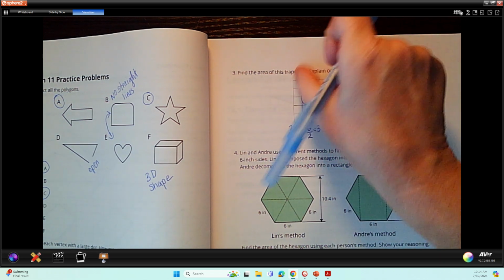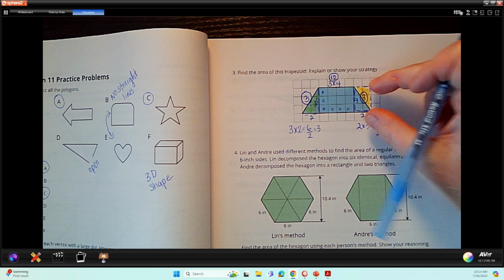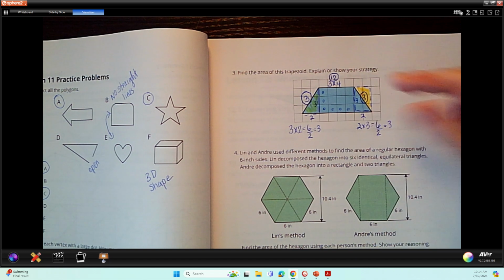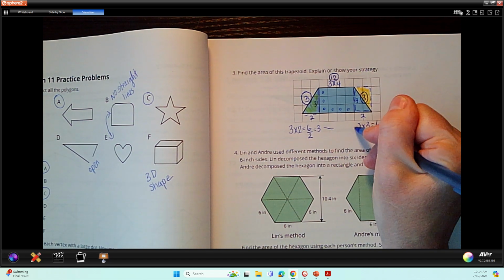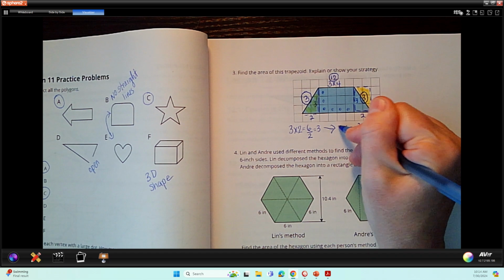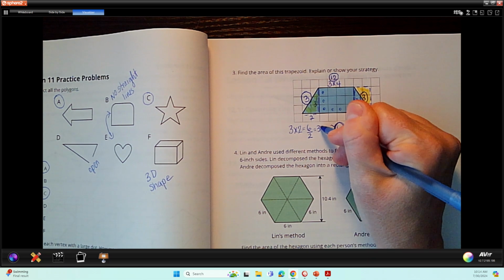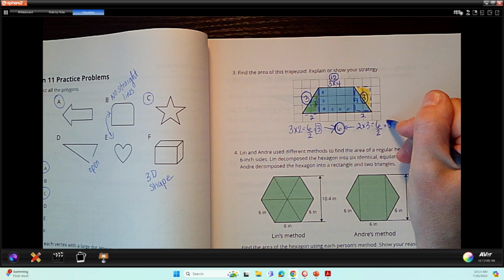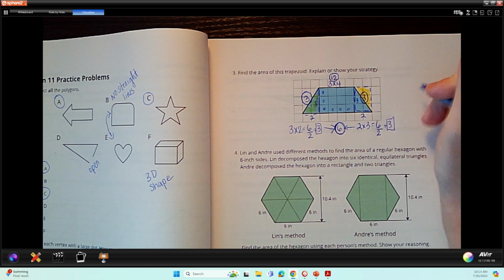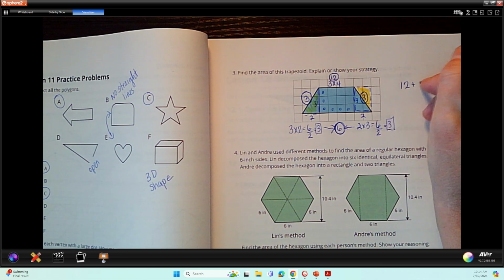This triangle rotated around, joining this triangle makes another rectangle. But together, they make a total of 6. This one plus this one. So 6 plus 12 is 18. So the area of this entire trapezoid is 18 units squared. Okay?